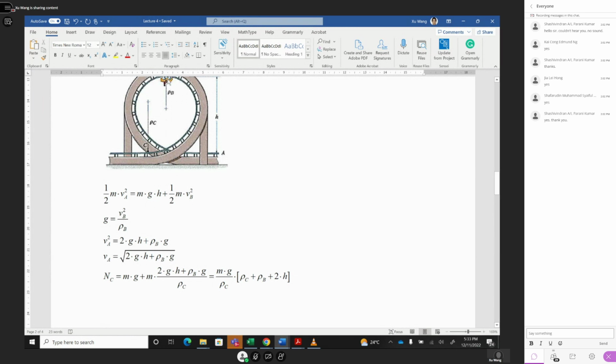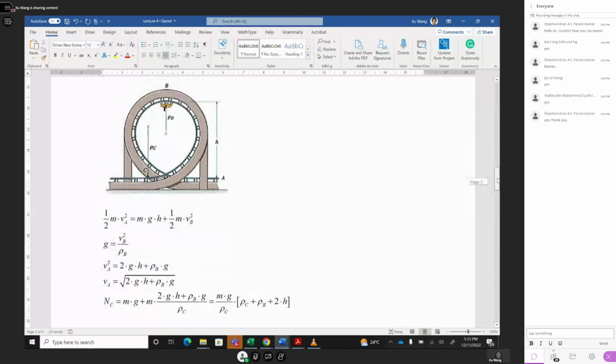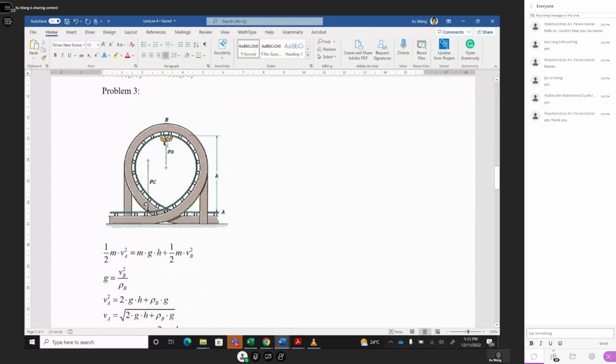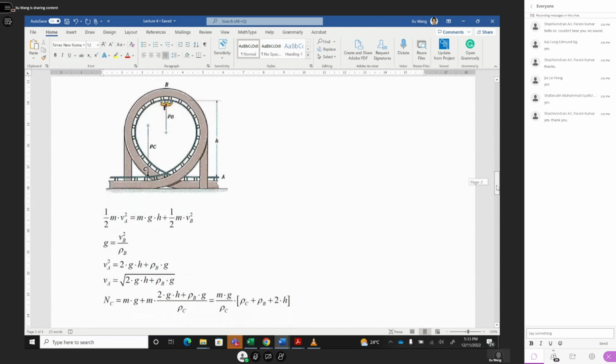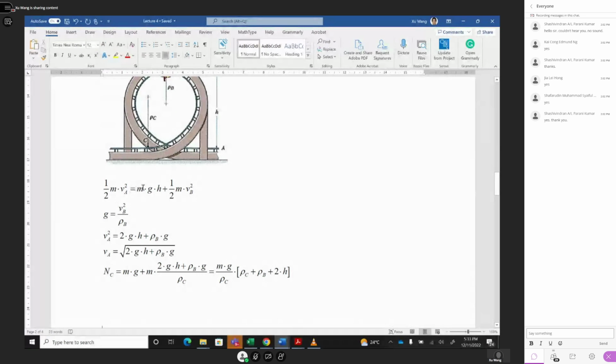At this point, we know that the weight should be equal to centrifugal force. Otherwise, they will drop off. And mg should be equal to mv squared divided by r. Cancel m, then you get g equal to vb squared divided by r. So vb squared should be equal to g multiplied by rho b. That's for sure. And here we can cancel the half m.